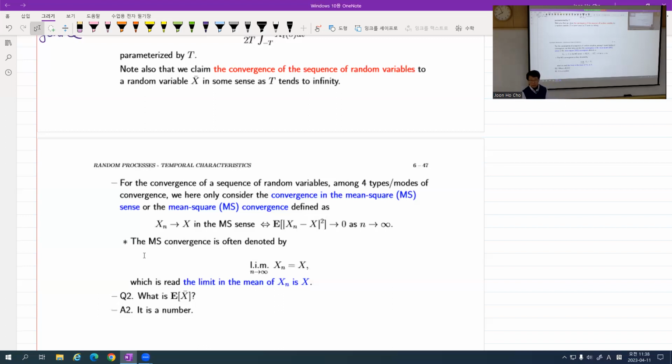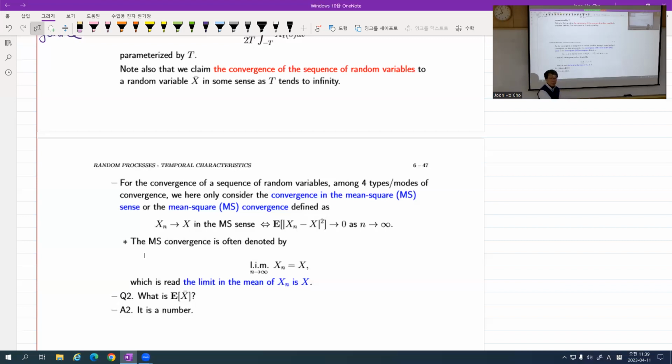So you are exposed to the convergence of a sequence of real functions or complex valued functions. A similar thing happens in this course. In order to deal with the time average of a random process, if it converges, we have to at least have the convergence issue of a sequence of random variables in our mind.